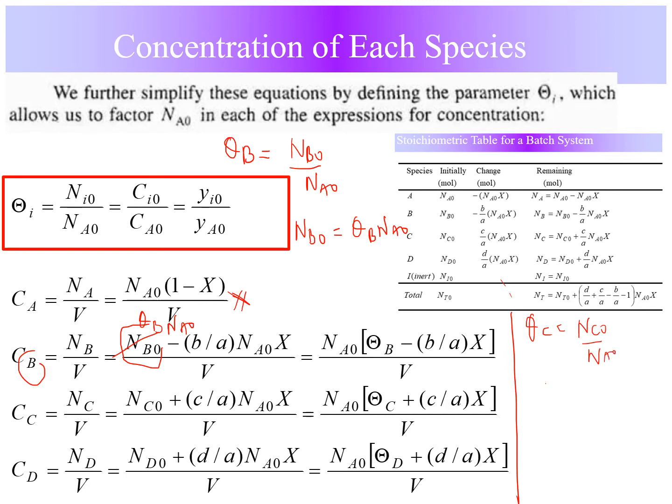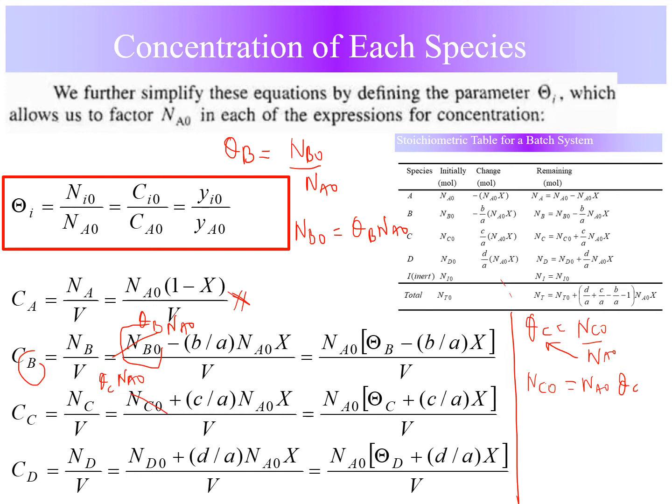Even though NC naught is 0, we just express it algebraically so that we can convert the N into the concentration. So NC naught is equal to NA naught times theta C. This is NC naught and this is NC naught, so you can equate it to theta C and A naught.